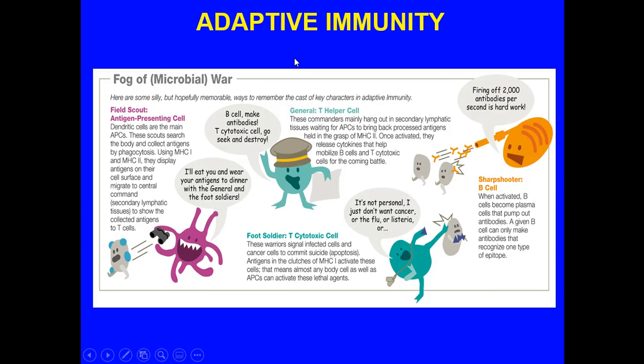Now, in the fog of war, the author decided to give you a little bit of notes or ways to think about things, another way to get you clear on the differences between antigen-presenting cells, T helper cells, T cytotoxic cells, and B cells.